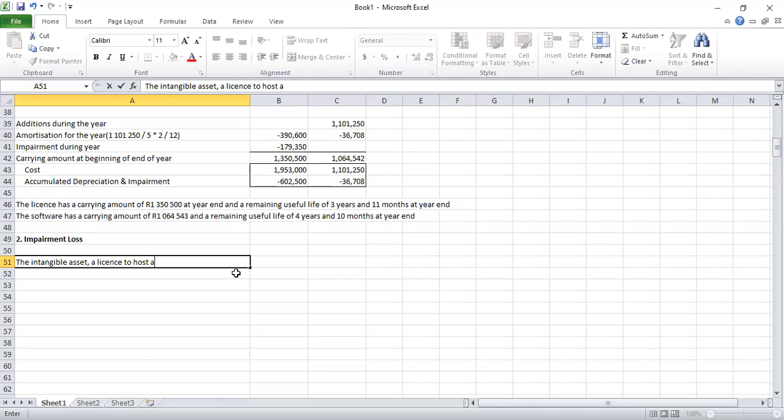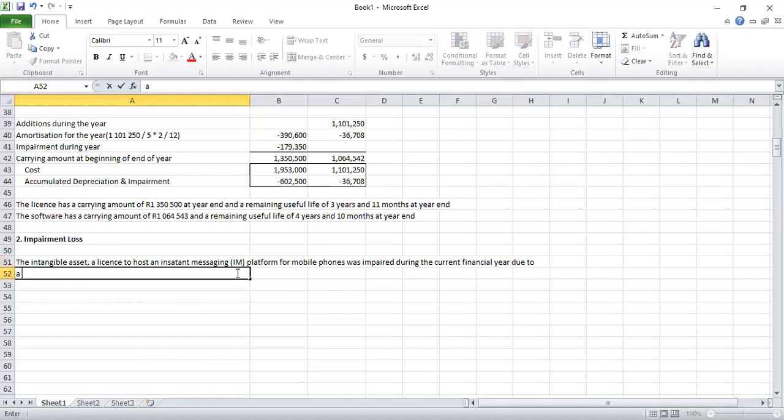To host an instant messaging IM platform for mobile phones was impaired during the current financial year due to a competitor obtaining a similar license.